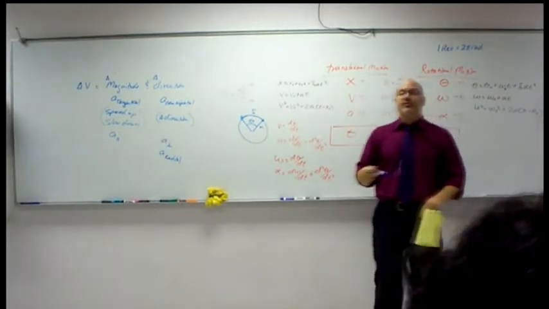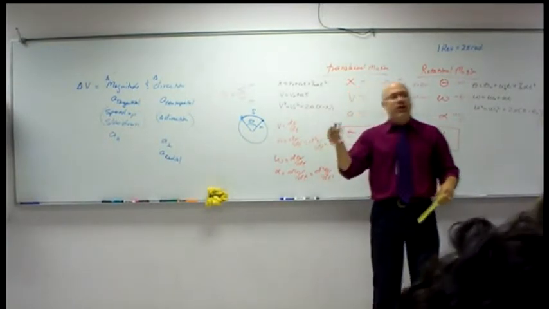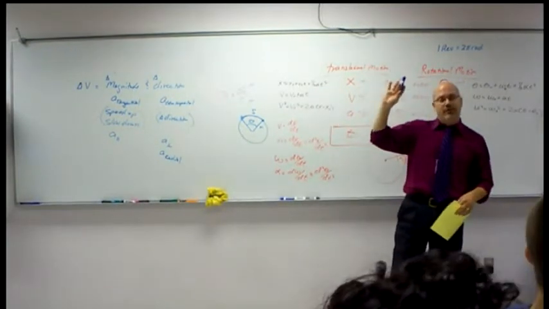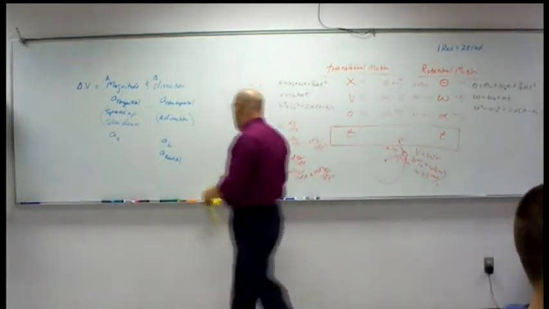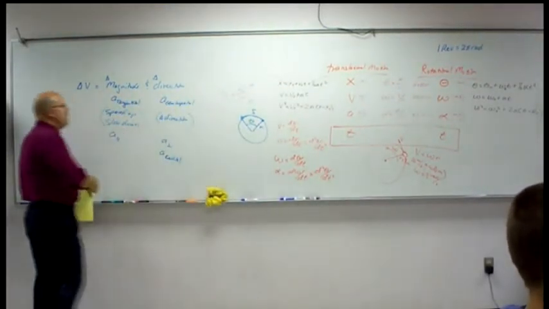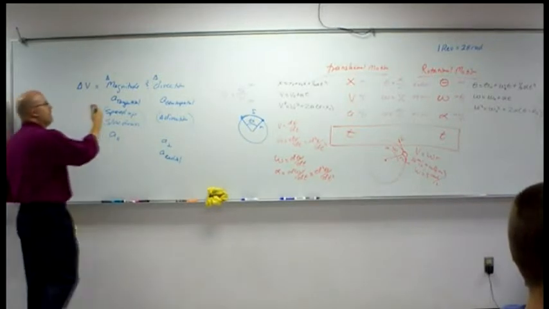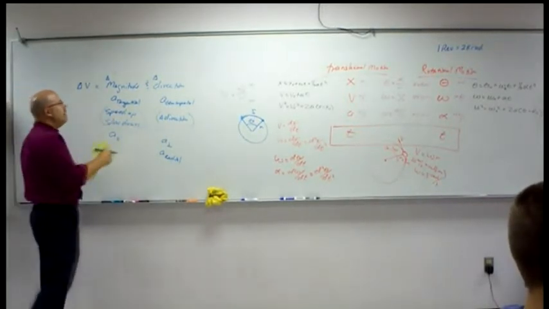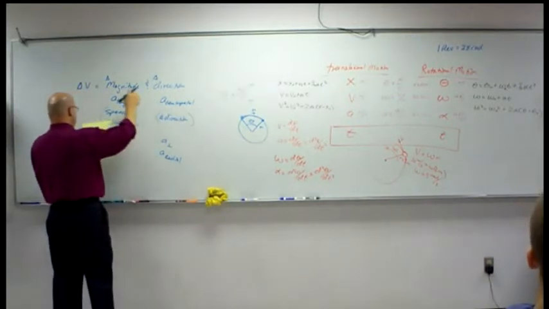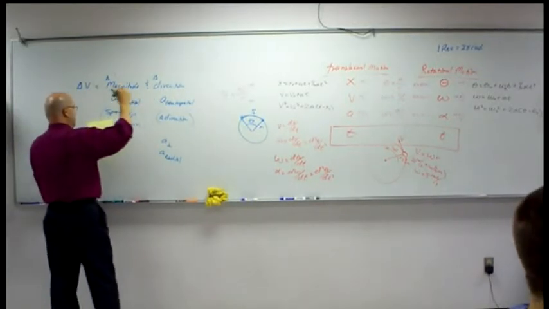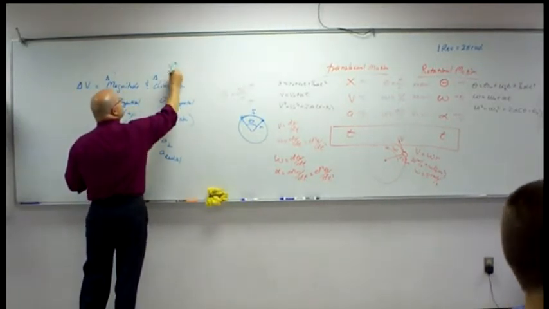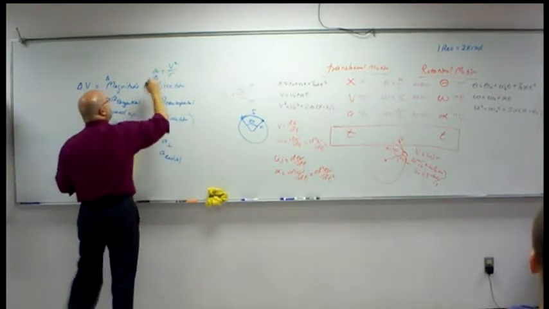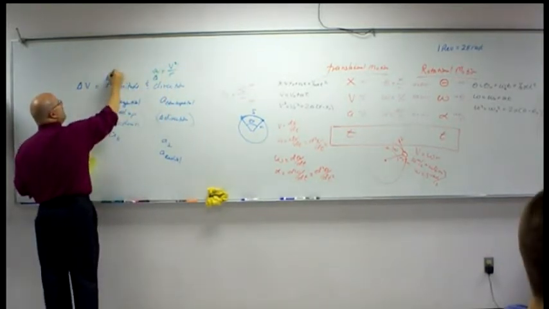You can do both at the same time. In fact, in the real world, things will do both at the same time most of the time. All right, so here you go, everybody. Remember, how do we figure out centripetal acceleration? V squared over r is our centripetal acceleration. How do we figure this one out?